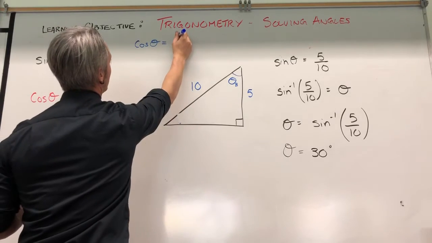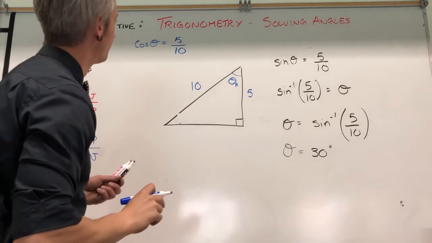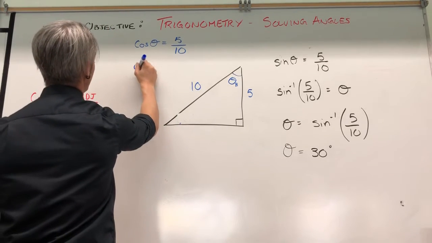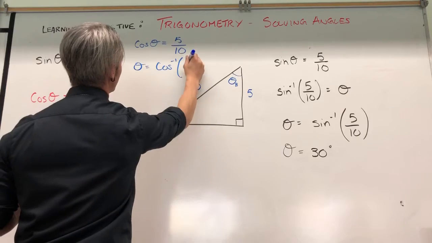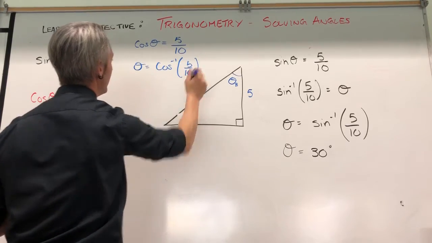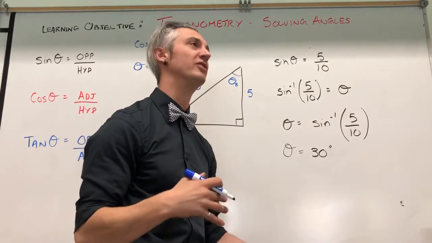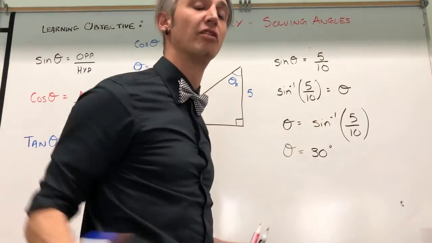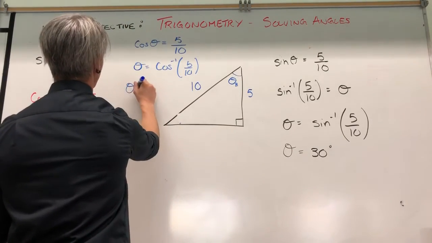Cos of my angle is again 5 over 10. And then theta is going to be cos inverse 5 over 10. Again, full disclosure, I don't know how we got there. I could do some research, but I'm just trying to get you guys through right now. We can talk about that later.